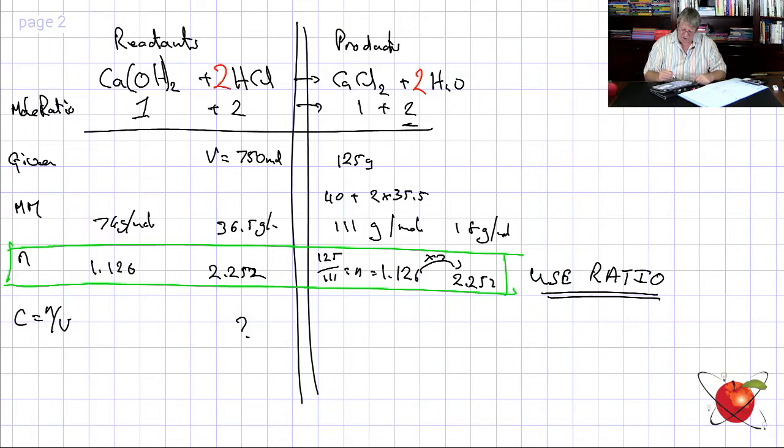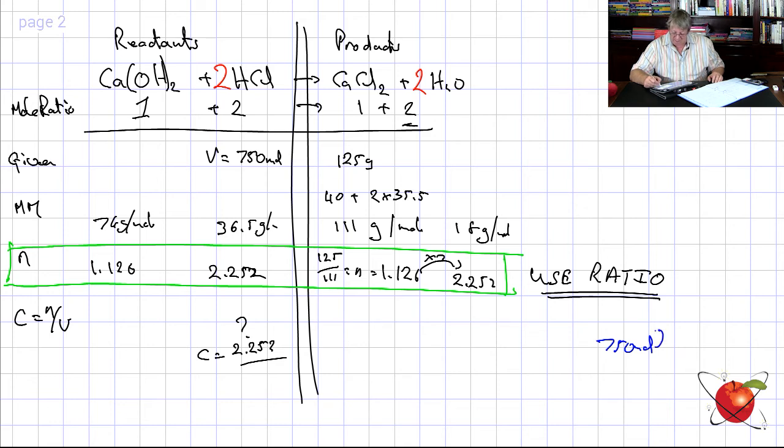Can I work out concentration now? Yes, I can. I say, right, concentration is 2.252 over the volume. What didn't I do, guys? The first thing that I should have done is changed it to decimeters cubed. 750 mil. Okay, I've got to go up to liters. So I'm going up, it's milliliters, centiliters, deciliters, and liters.